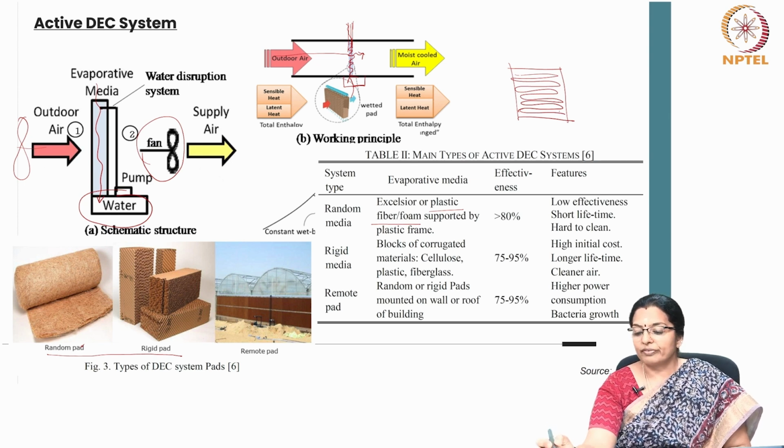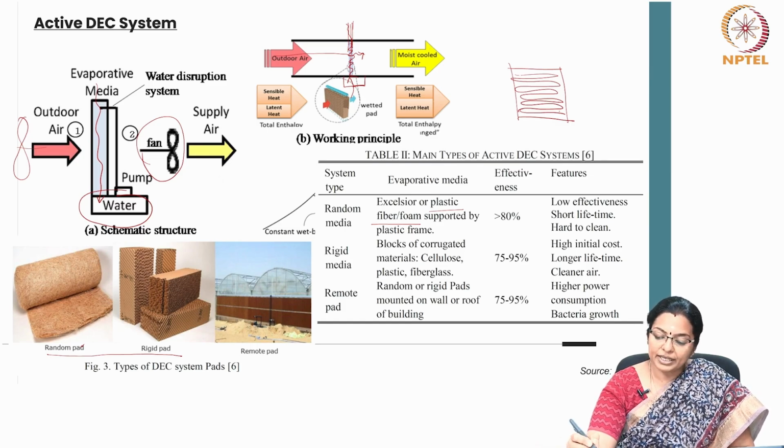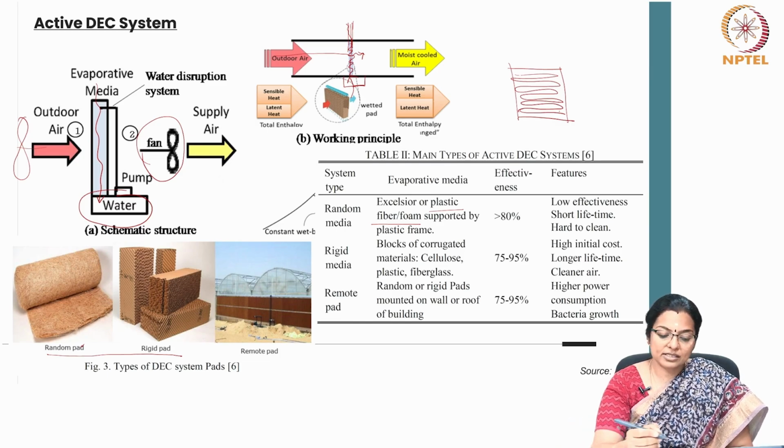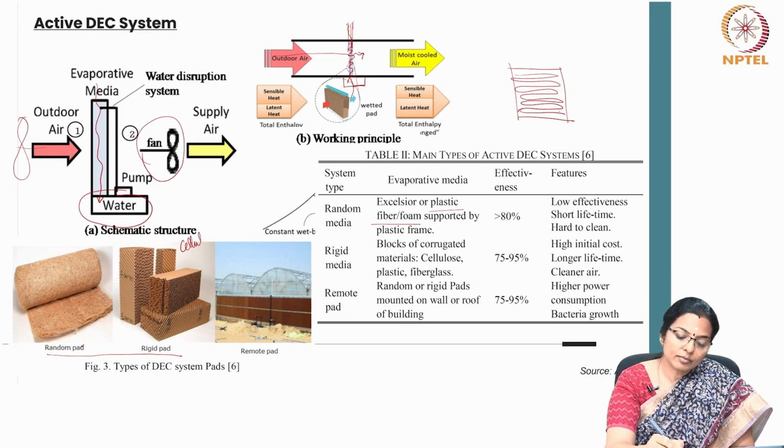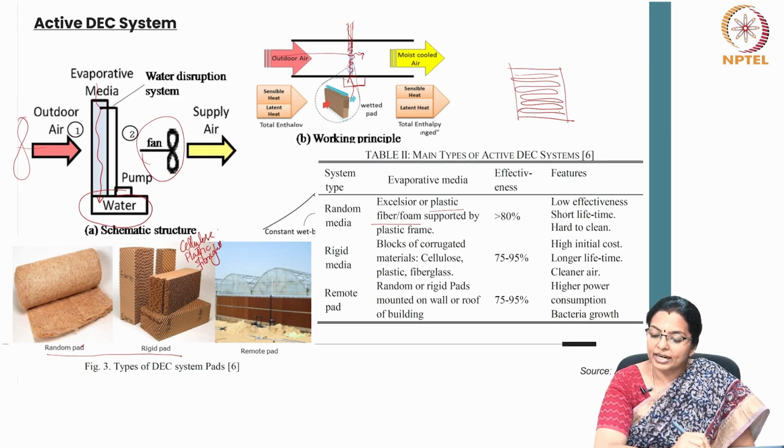This has low effectiveness, short lifetime and is difficult to clean, whereas the rigid medium is blocks of corrugated materials like cellulose, plastic and fiberglass. These have longer lifetime and are cleaner.